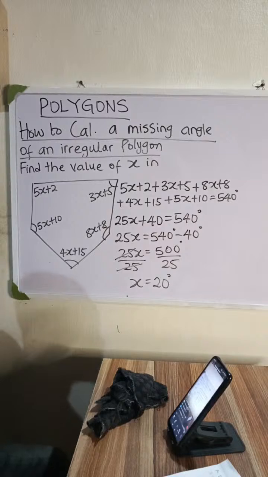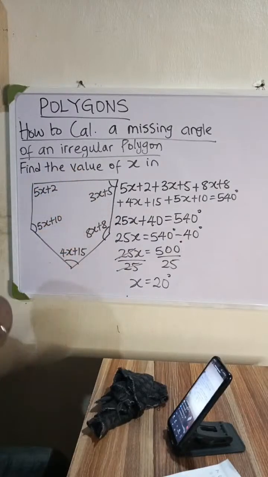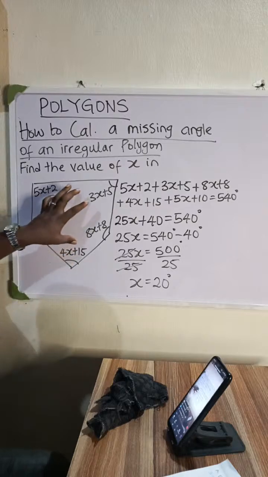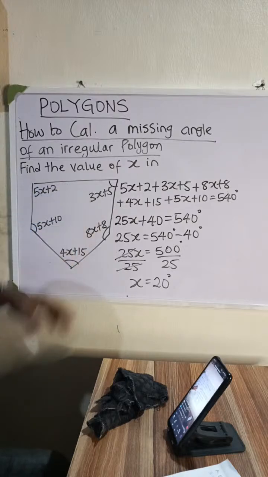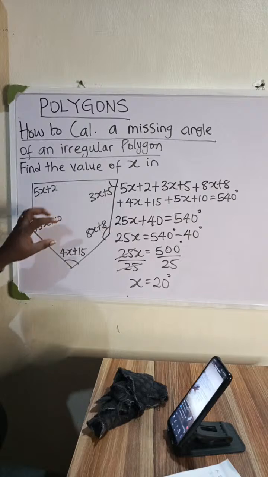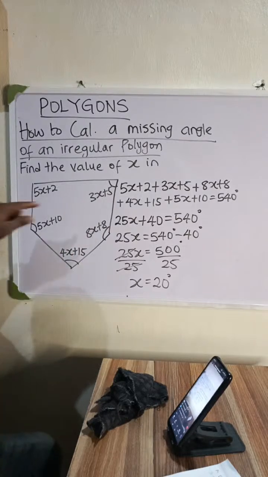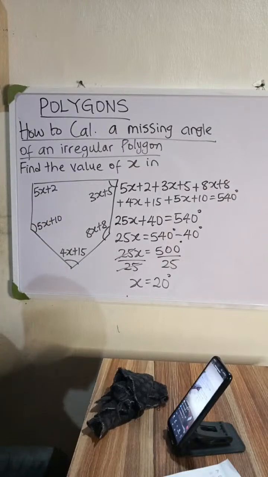We will look at questions that include other principles that we have learned, like sum of angles on a straight line, and combine them with what we have learned today. Then we'll also look at how to calculate the number of diagonals in a polygon and the number of triangles that can be found in a polygon.